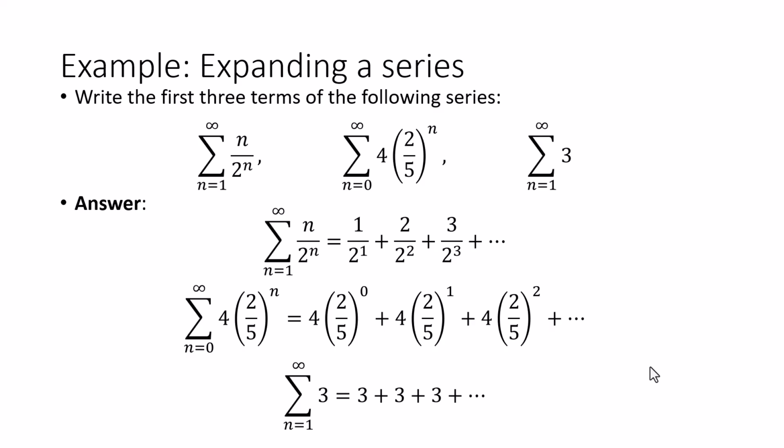In our second example, the series from n equals 0 to infinity of 4 times 2/5 to the nth power, we end up with 4 times 2/5 to the 0 power, plus 4 times 2/5 to the first power, plus 4 times 2/5 to the second power. In our last example, from n equal 1 to infinity of 3, we have 3 plus 3 plus 3, and we keep going.